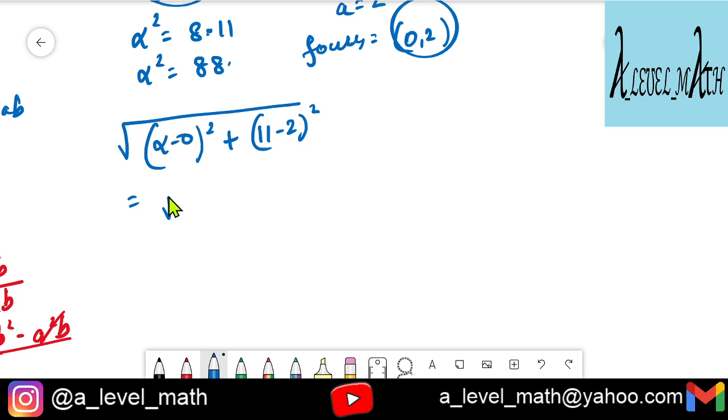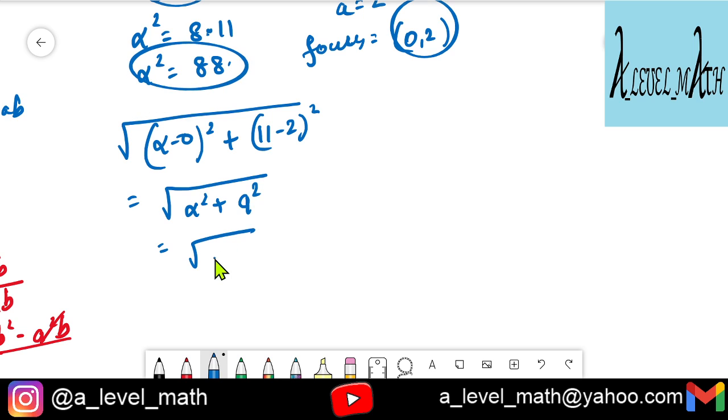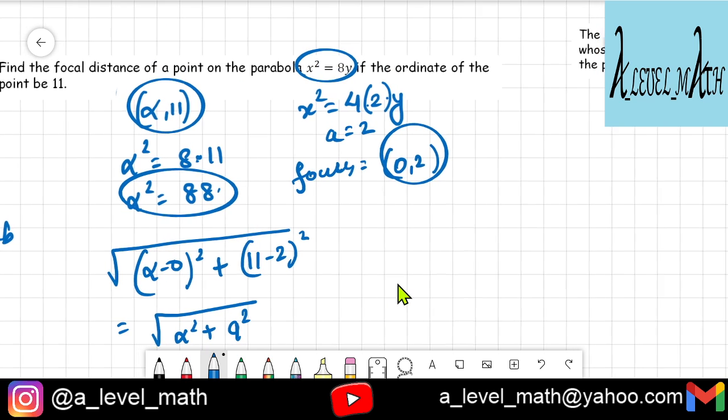So this becomes root over alpha squared plus 11 minus 2, 9 squared, is equal to root over alpha square is already known to us, it's 88. So 88 plus 9 squared is 81. So this gives us root over 169. This means 13. Alright. So the focal distance of this point is 13 and we are done. That is what was asked.